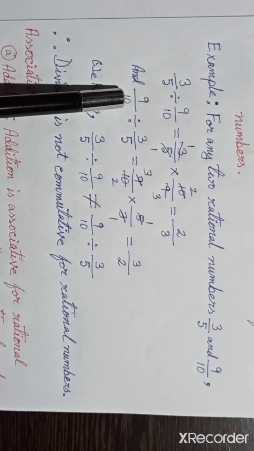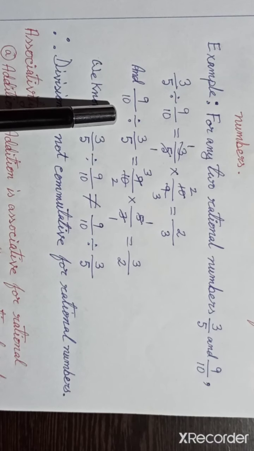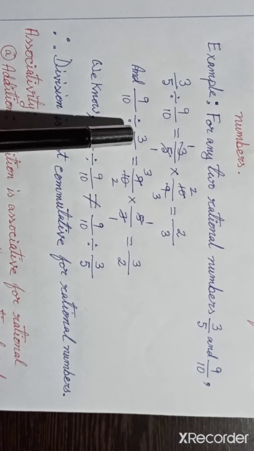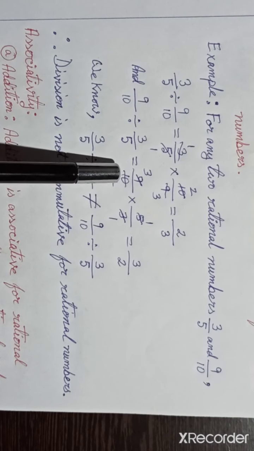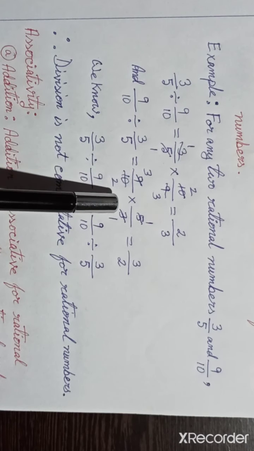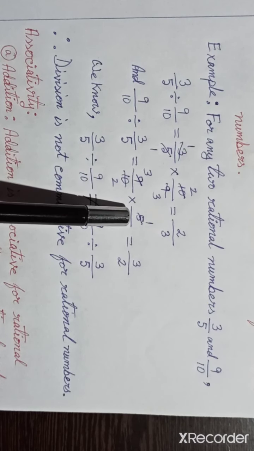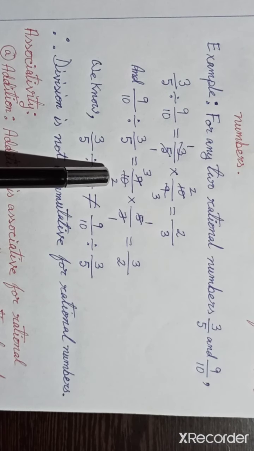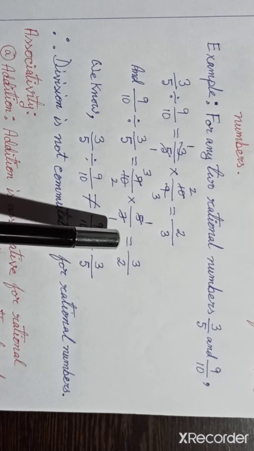Then 9 by 10 comes first, 3 by 5 comes second, and if we divide these two, first the divide is changed into multiply, and 3 by 5 interchanges its place, so 5 by 3 is coming. 9 and 3 we can divide by 3. 3 divided by 3 we get 1 time, 9 divided by 3 we get 3. 5 divided by 5 gets 1 time, 10 divided by 5 we get 2. Then 3 times 1 is 3, 2 times 1 is 2. Then we are getting 3 by 2.